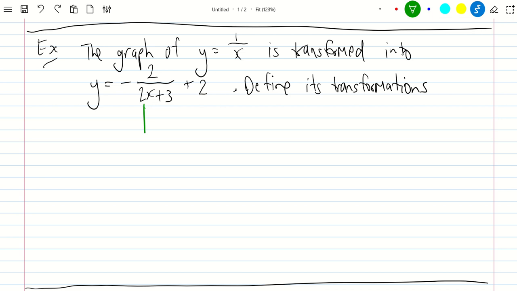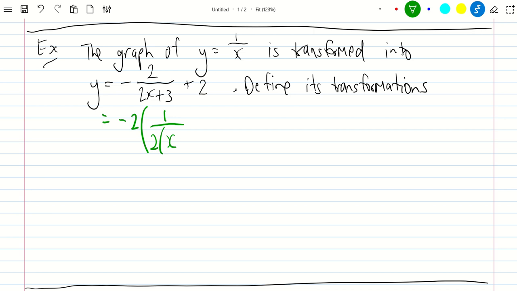So what I'm going to do first is just rewrite this slightly. I'm going to pull that 2 out the front of this, and so you've just got this 1 over, and you'll see that it looks a bit closer to what we had above.